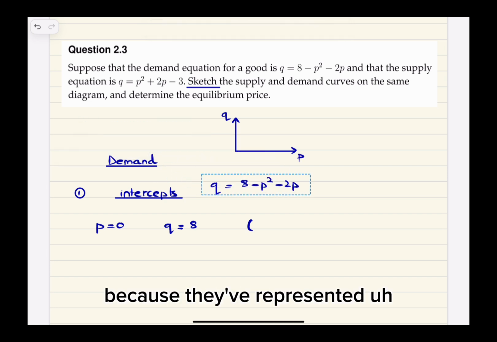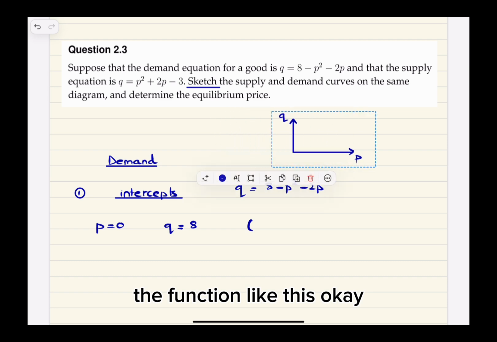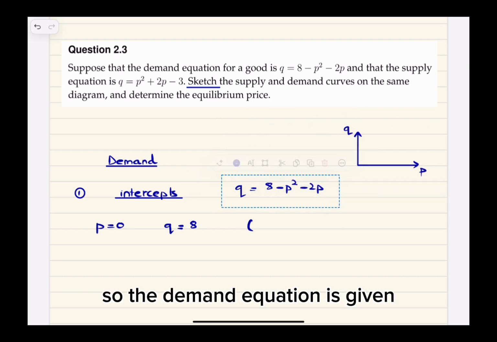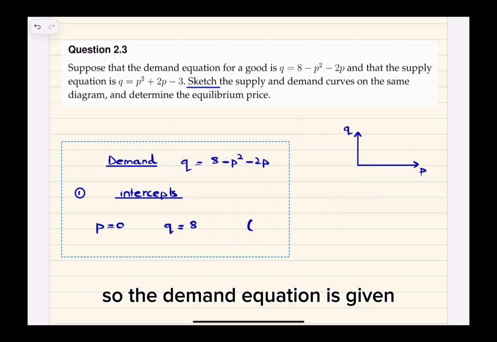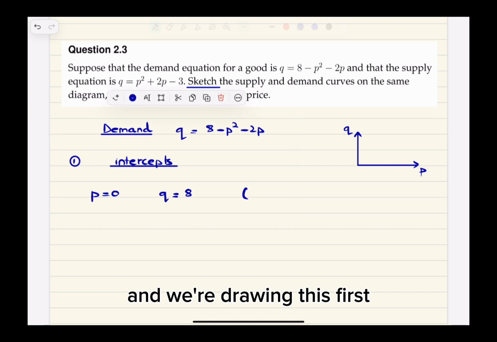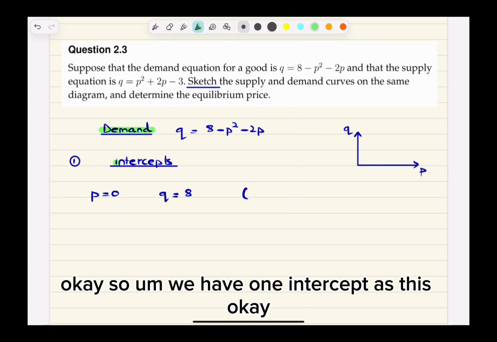So the demand equation is given and we're drawing this first. We have one intercept as this.